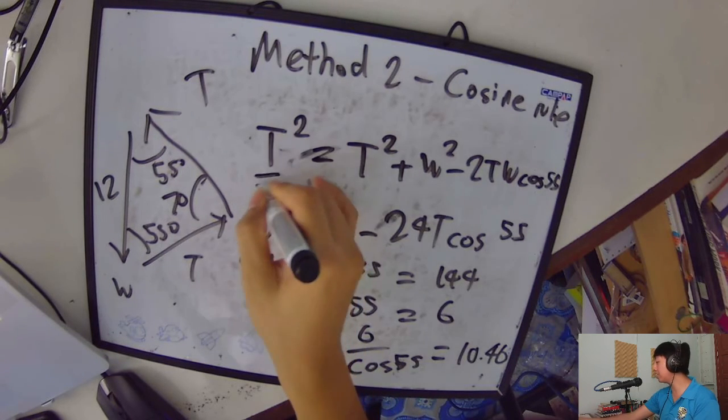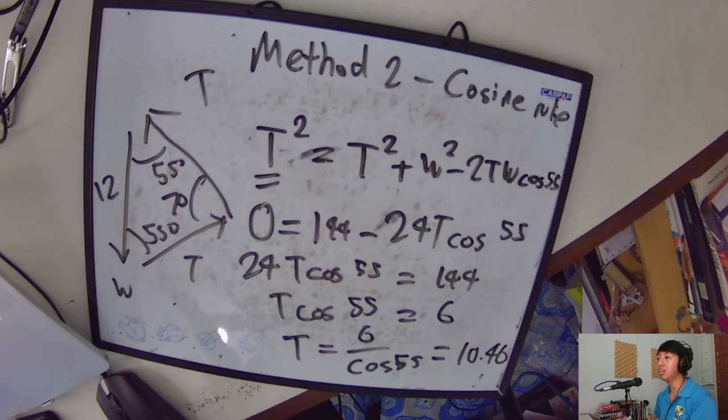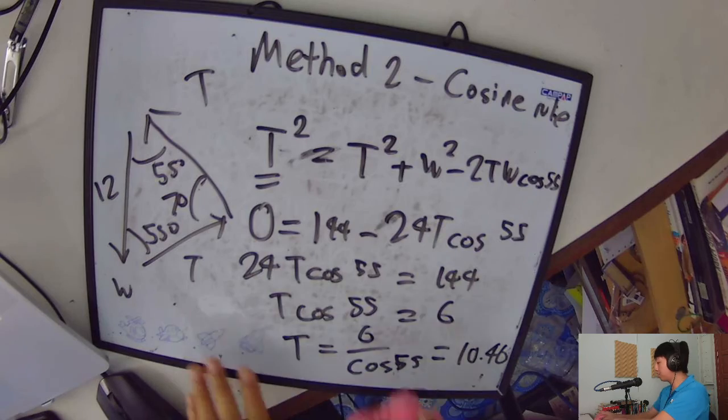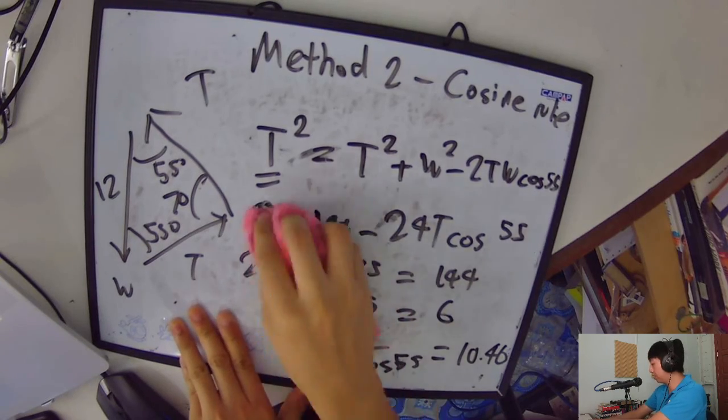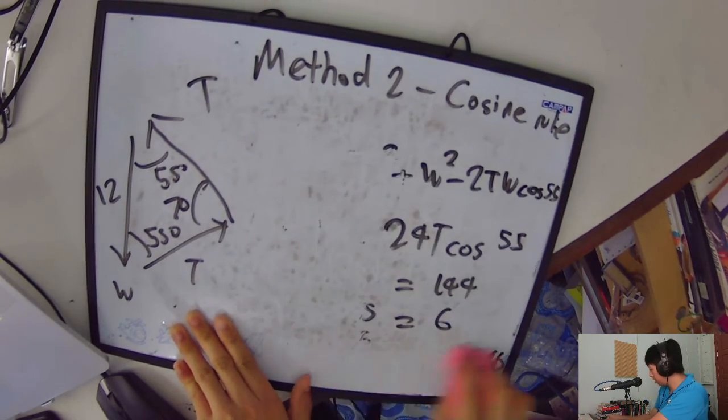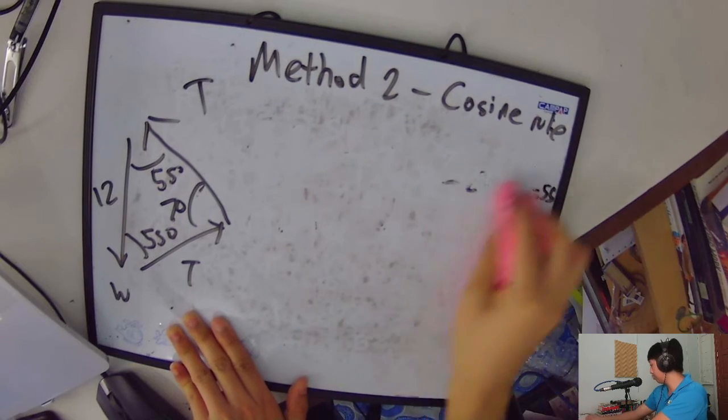I did it by using the side T. My way is a little bit longer actually. I'm going to show you how the textbook does it, and it's still correct. It's not wrong.